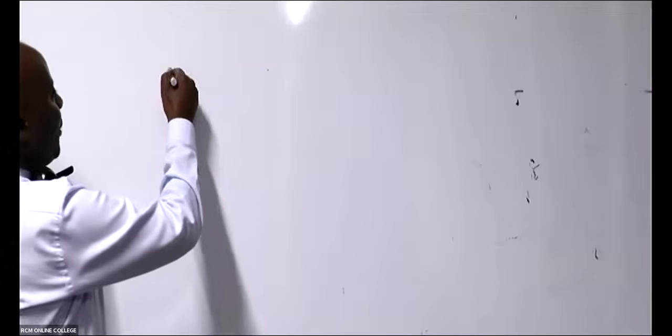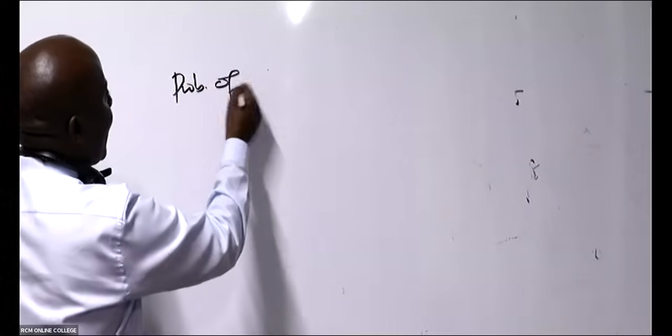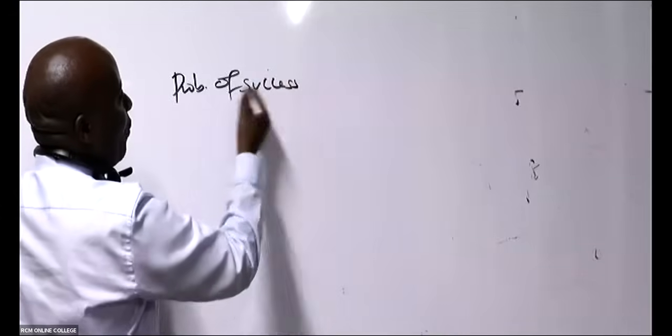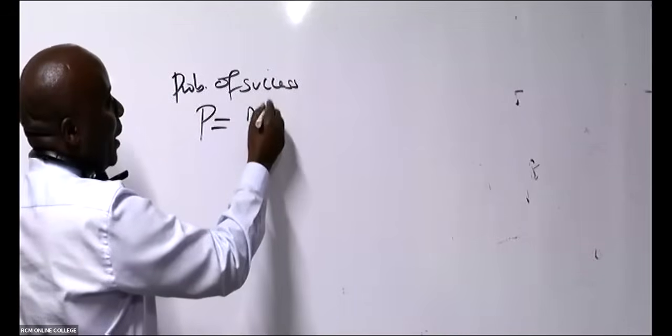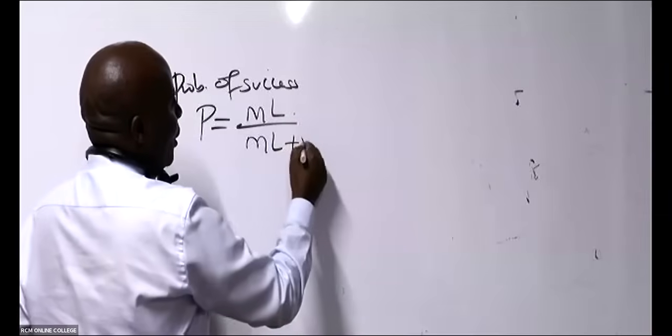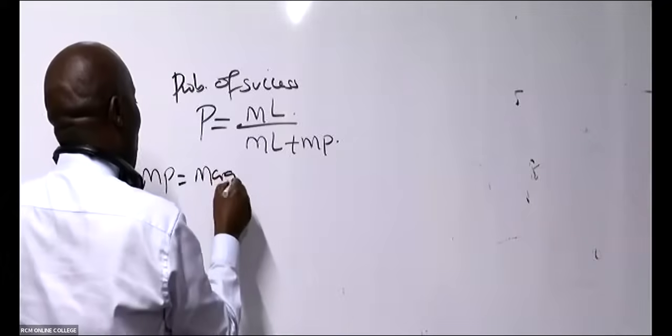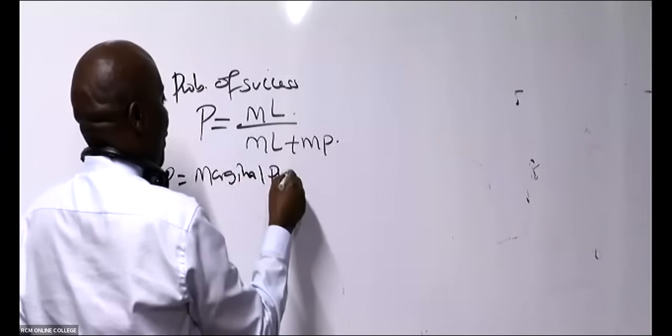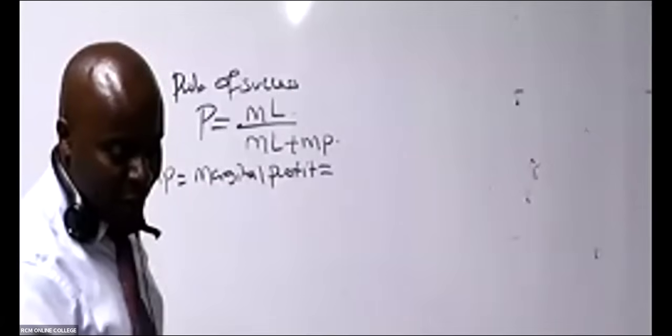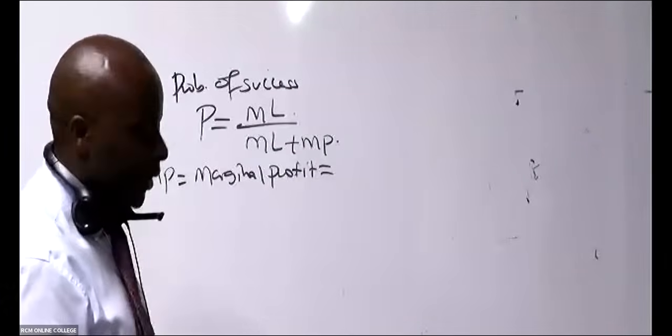So first, we get the probability of success, the probability of being able to sell everything. This probability will be marginal loss over marginal loss plus marginal profit, where MP is marginal profit. The normal selling price of my sausage is 90, isn't it?